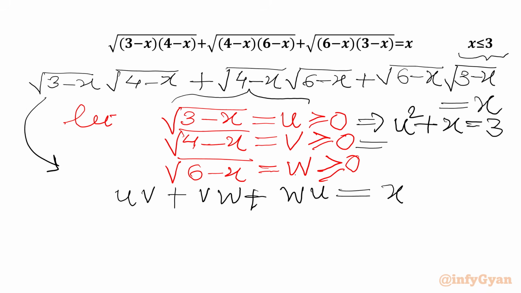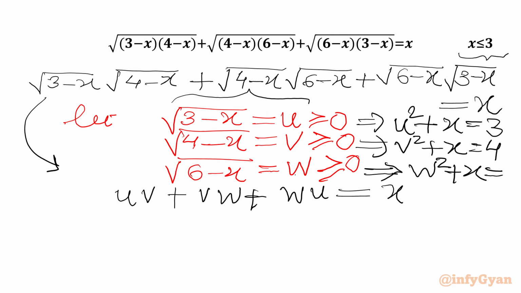From the second equation, we get v square plus x equal to 4. And after squaring the third substitution equation, square root of 6 minus x equal to w, we get w square plus x equal to 6.